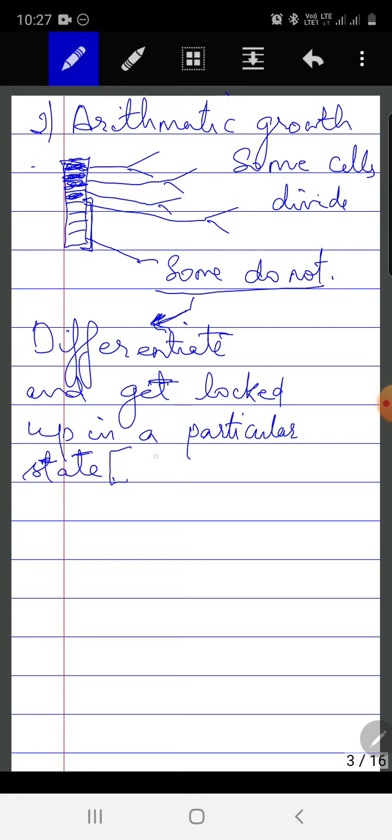So if I include the data from that chapter, I would write here: the cells are now in G0 phase. And some which are not dividing might die.